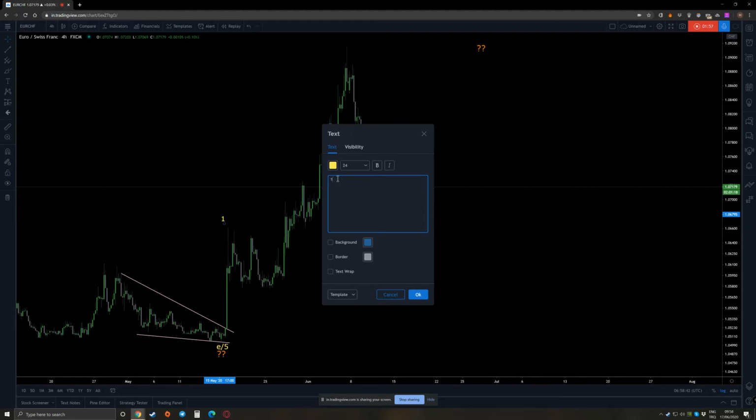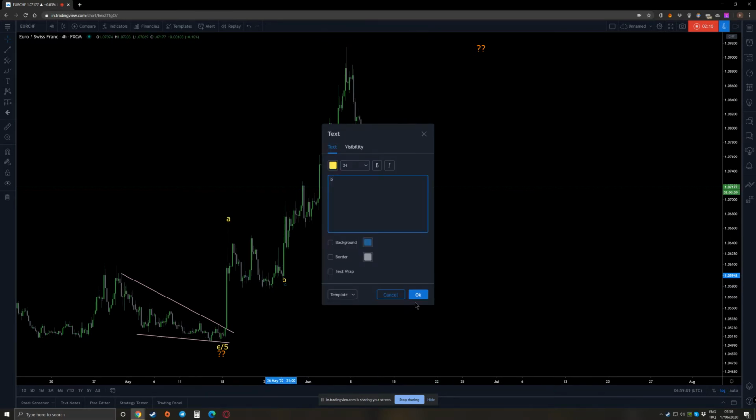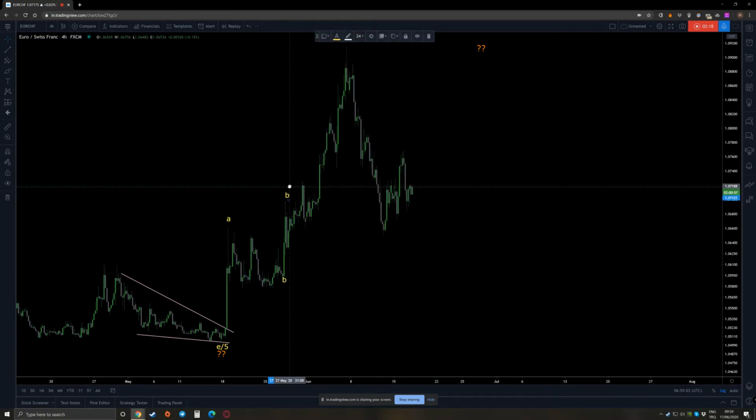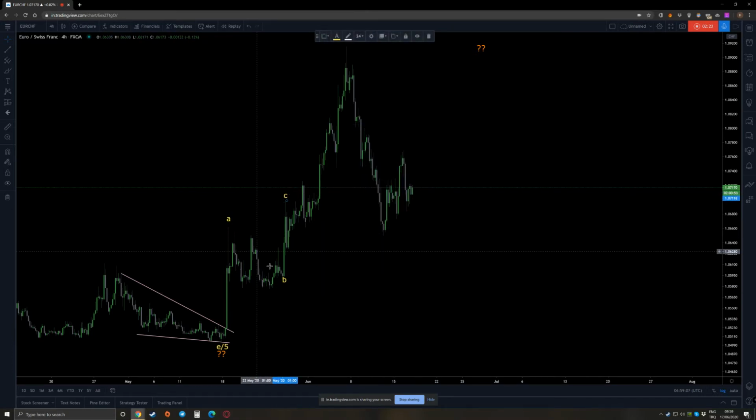Instead, I will label it with letters, which means I am looking for a corrective move. This move does look like some type of zigzag family move. So I will think something like wave A here, wave B here, and wave C here for the first correction. So A, B, C.